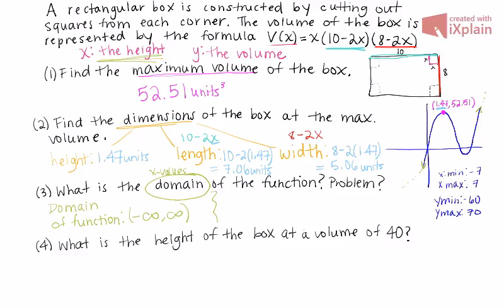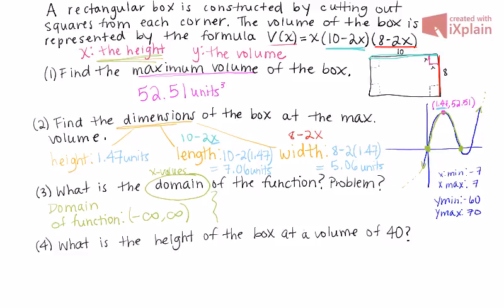So my graph is only going to be true from this point all the way until this point, because from here to here will give me a positive volume and also a positive height. So all I need to do is figure out what is this x value and what is this x value.